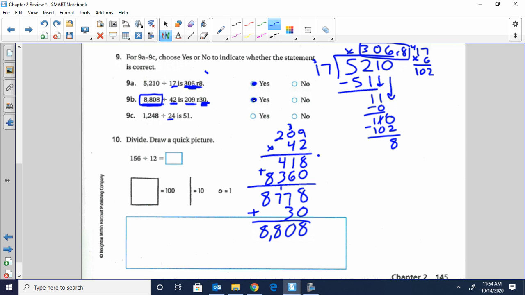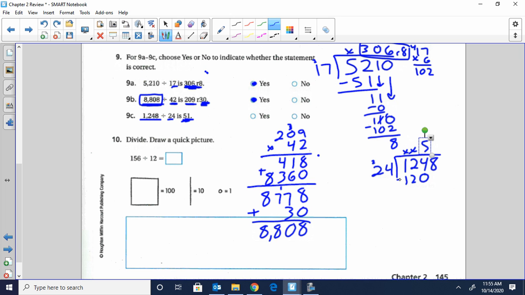The last one, we're also going to use division. So we're going to go back to 1,248. We're going to divide that by 24. And we're going to see if we get just 51. 24 does not go into 1. It also does not go into 12. 24 should go into 124 5 times. 5 times 4 is 20. 5 times 2 is 10, plus that 2 is 12.